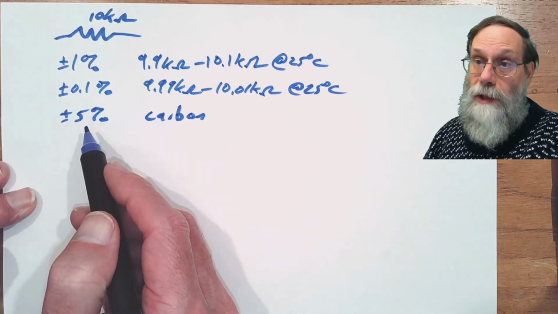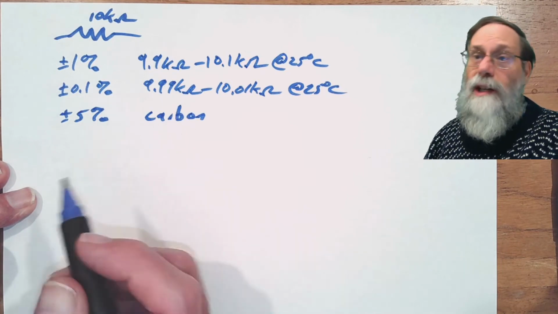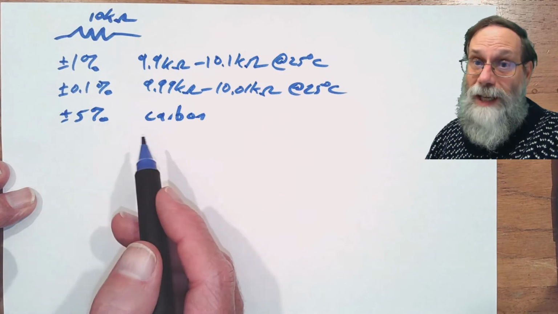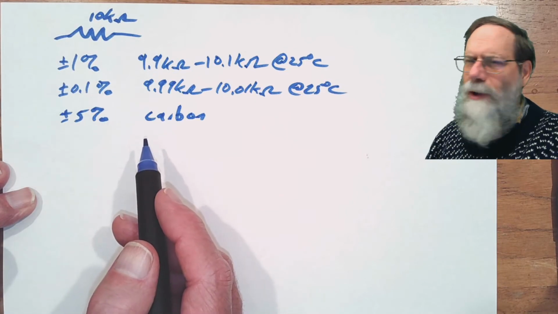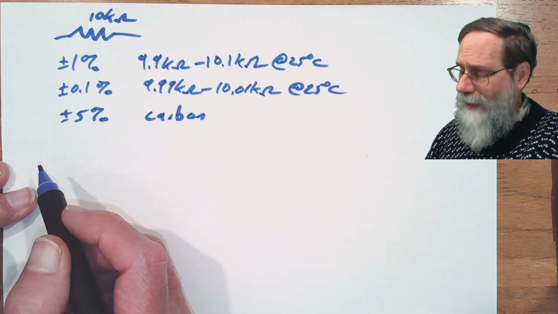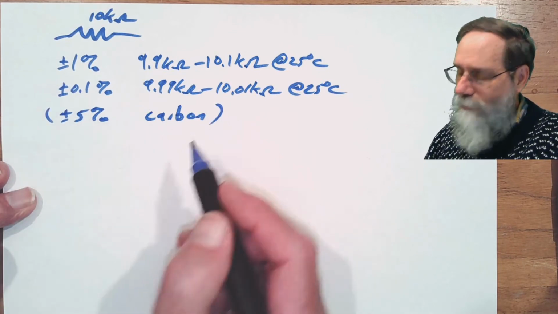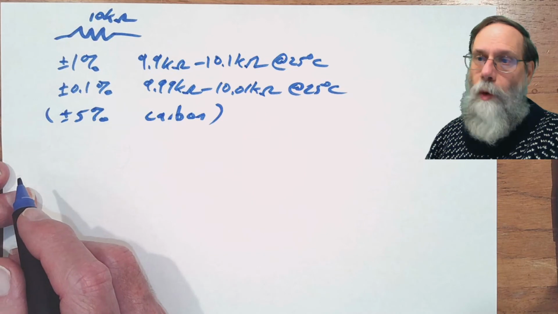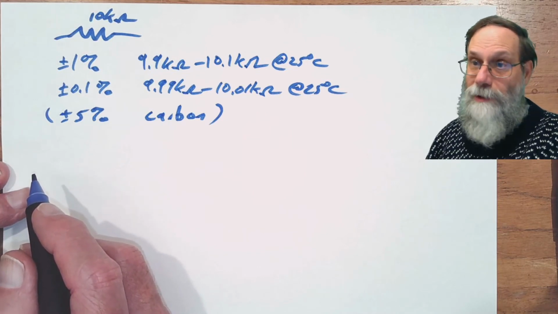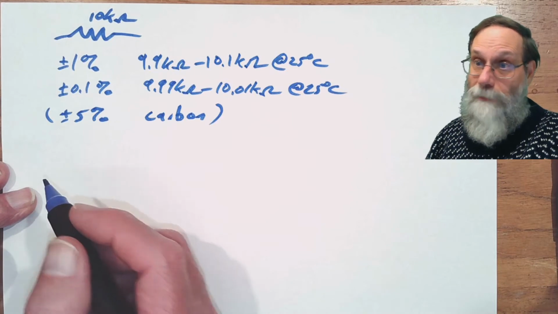They're hard to make precise, and they're not used much anymore because these plus or minus 5% resistors aren't really any cheaper, or only a very tiny bit cheaper, than the plus or minus 1% ones. So they're kind of gone, but you'll still see them in some old designs. You take apart some hardware from the 60s or something, you'll see carbon resistors in there instead of metal film resistors.